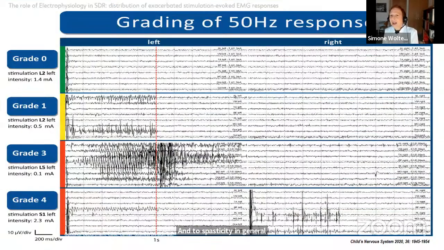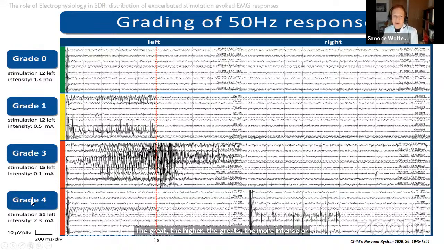In grading our 50 Hertz responses elicited, as we saw in the video before, we use, among other things, this response classification system devised by Phillips and Park. The higher the grade, the more intense or extensive the responses are.